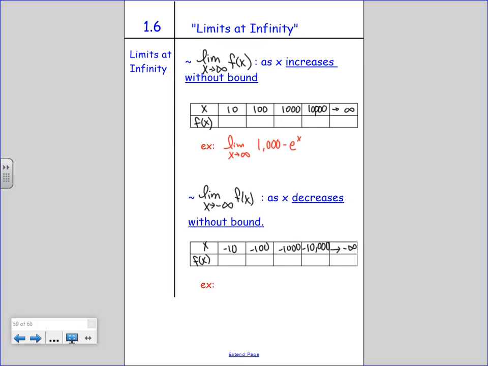You can make a hypothesis of what you think it might be. Then go ahead and go in your table, and remember table setup, delete all the old things you did before. Plug in 1,000 minus e to the x, plug in 10, 100, 1,000, 10,000. And ask yourself, what's it doing?